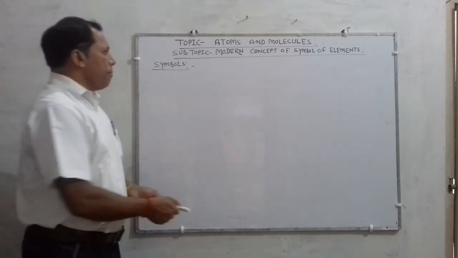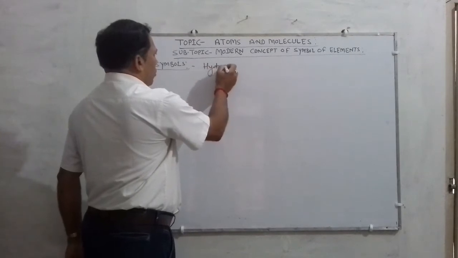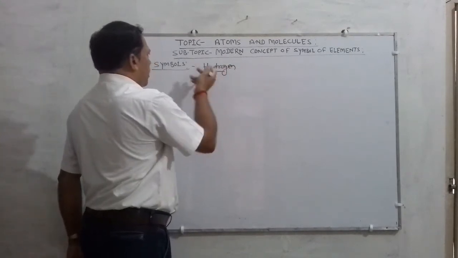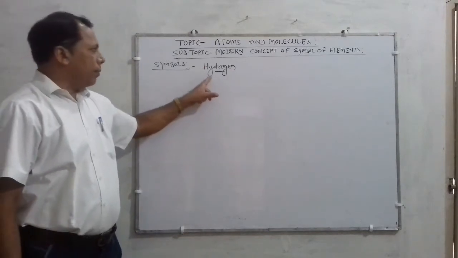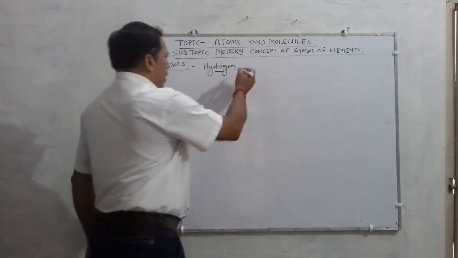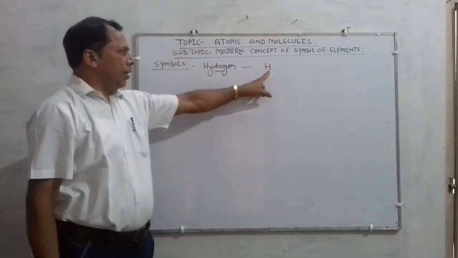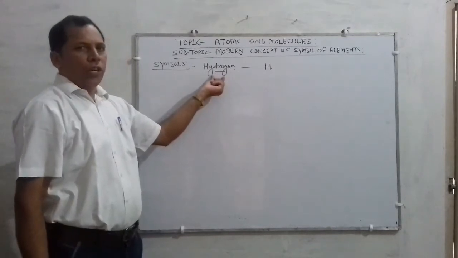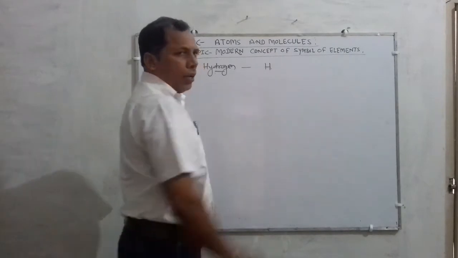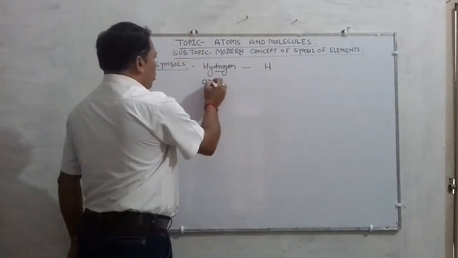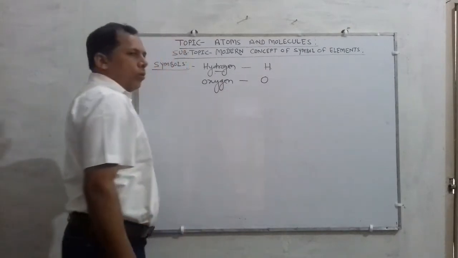For example, we have to write hydrogen. The first letter of this element will represent the symbol of that element, and that should be written in a capital. So if you have to represent the element hydrogen, the symbol will be H. Similarly, to represent the element oxygen, the symbol is just O.